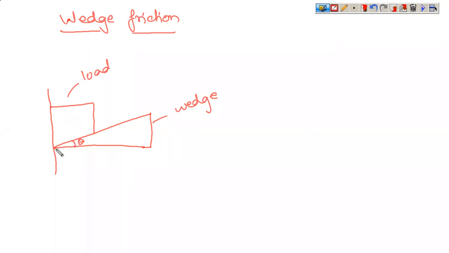Once the wedge starts moving in this direction, you can very well understand that if the wedge starts moving in this direction, it will be lifting of loads, and if the wedge starts moving in this direction, it will be lowering of load.